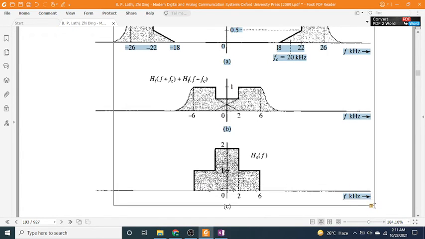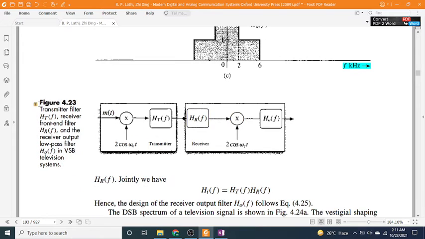Figure 4.23, transmitter filter H_T(f), receiver front-end filter H_R(f), and the receiver output low-pass filter H_o(f) in VSB television systems.